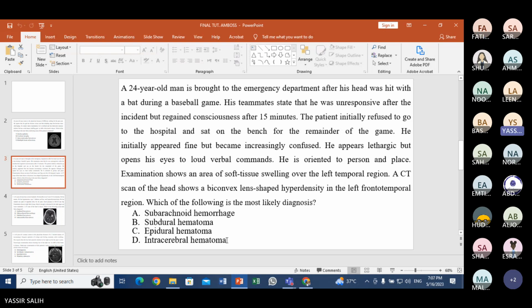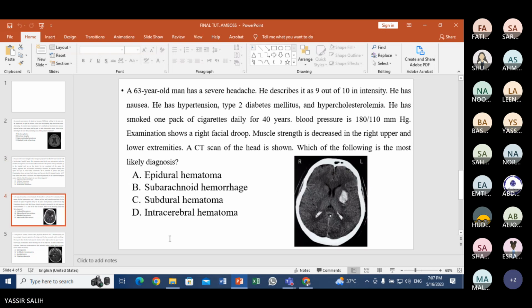Yes, hyperdense, within the brain parenchyma, and as I said, with peripheral brain edema. Subarachnoid may also have it, but subdural, epidural and intracerebral bleeding or hematoma are usually associated with peripheral brain edema. Read this also.